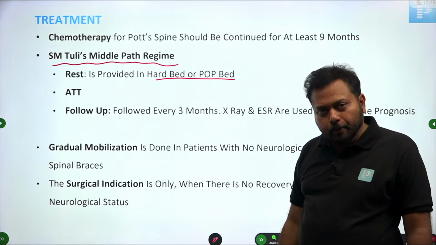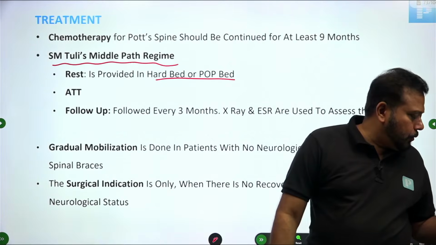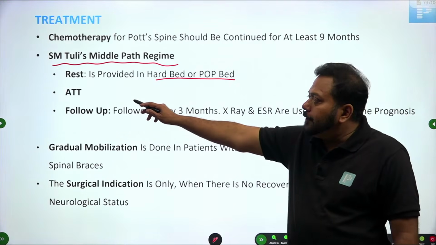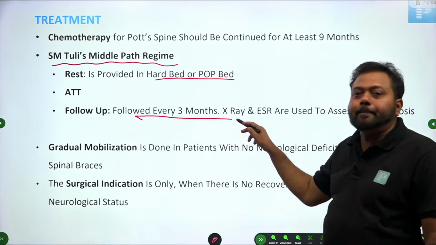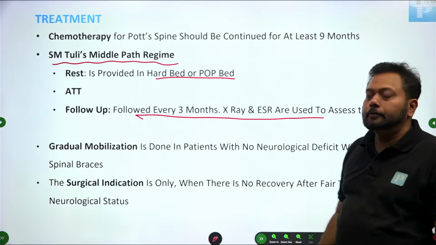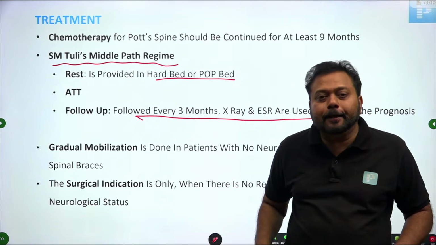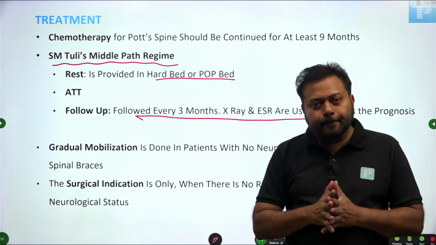Then you start the patient on ATT, followed every 3 months with X-ray and ESR. See, what is the very aim of Professor Tuli's middle path regime? Middle path regime means unnecessarily don't go for surgery.